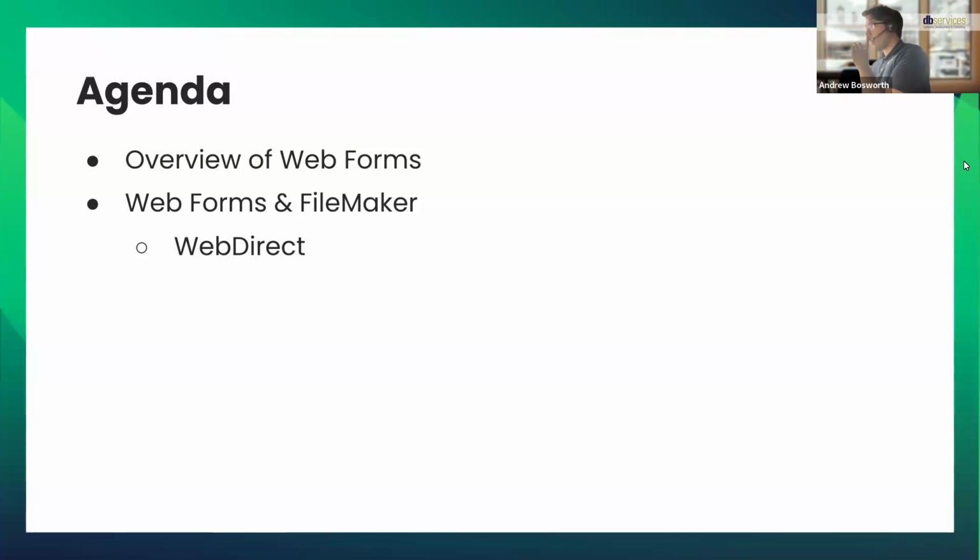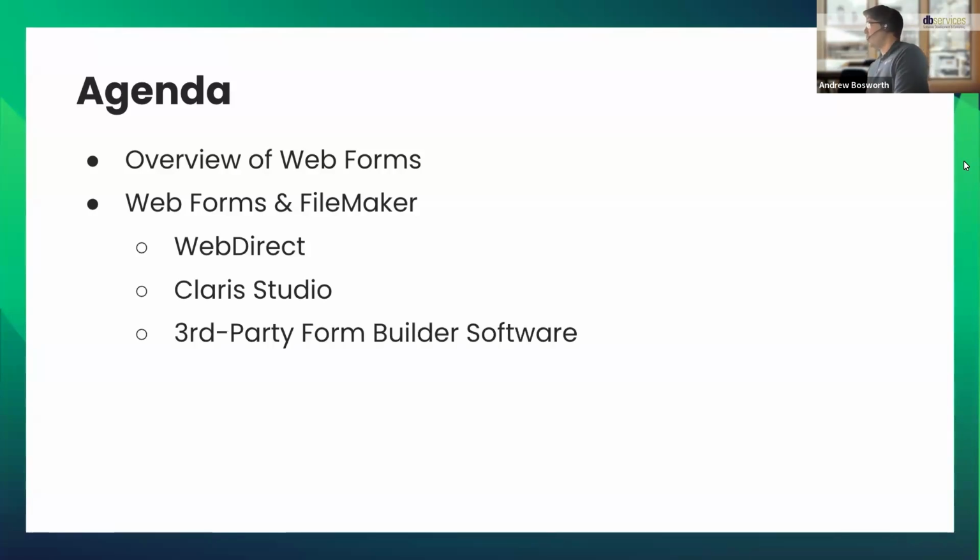So what I have, WebDirect, it's going to be one of the 4. Claris Studio, probably a lesser known one, but figured we'd cover it anyway. It's relatively new. Third-party form builder software, so there's a lot of those. We'll talk about hopefully a lot more of those later on. And then lastly, a custom web. So this is like building your own website kind of thing. Following all those, we will have a demo.